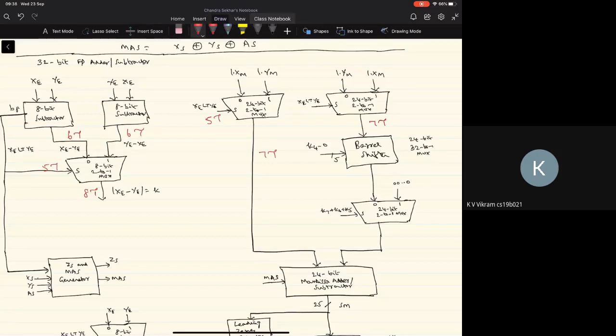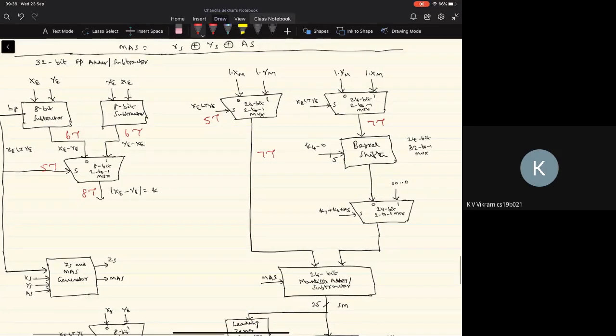And what is the barrel shifter here? It's a 24-bit 32-to-1 multiplexer, which will have 5 select lines. So assuming that the fan-in requirement is met, we take the delay of this multiplexer also as 2 tau. If the fan-in is less than 5, then it will take more delay. Again, to simplify the timing analysis, let's assume that the fan-in requirements are met. So this is available at 9 tau.